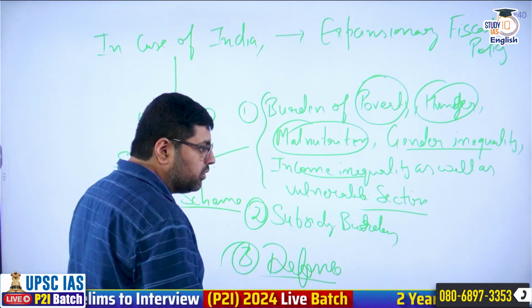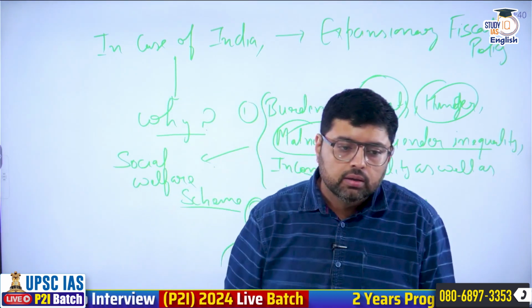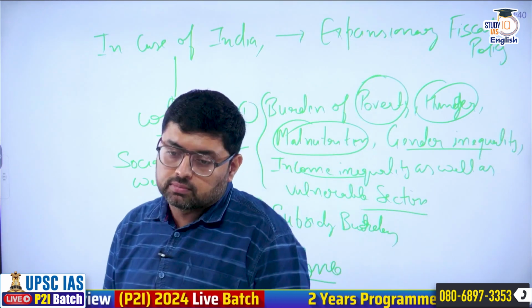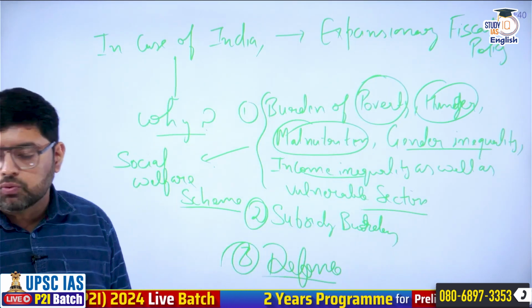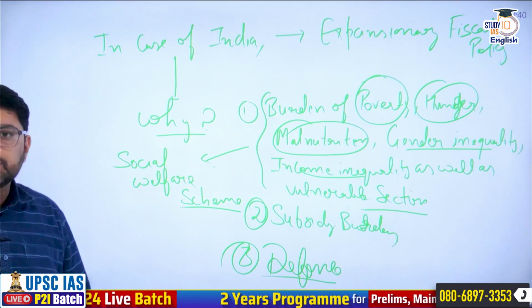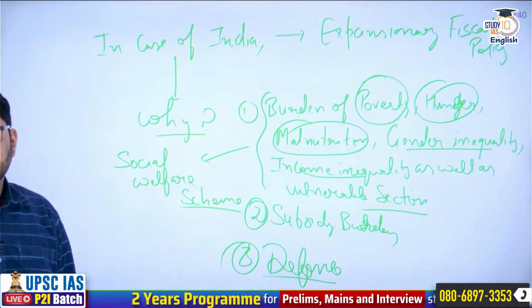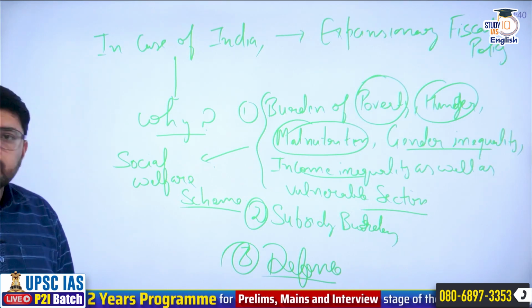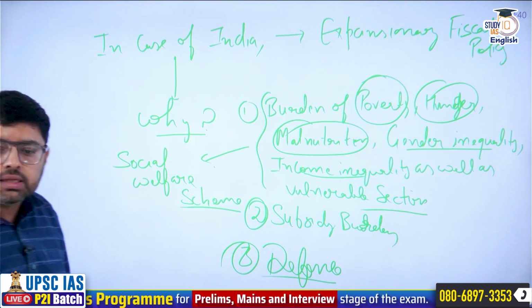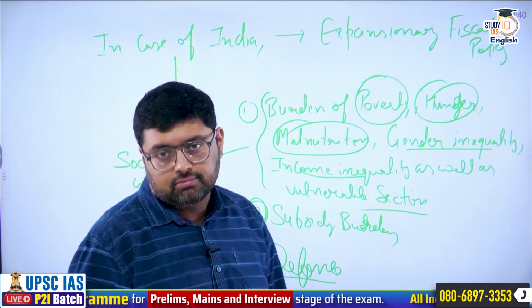Now, if I talk about defense, what does it mean? That my defense expenditure is high. When I am saying my defense expenditure is high, it is because of India's location.